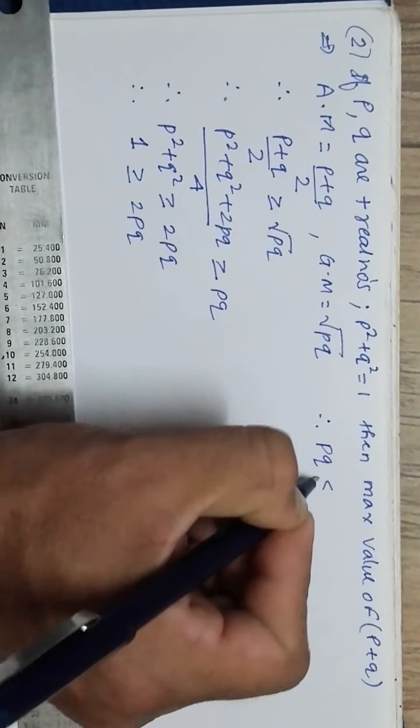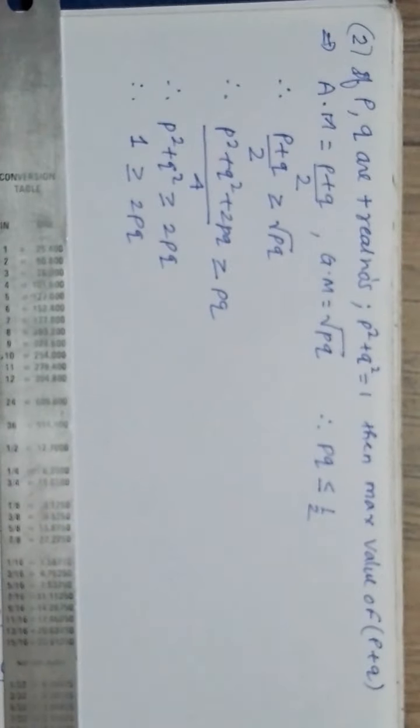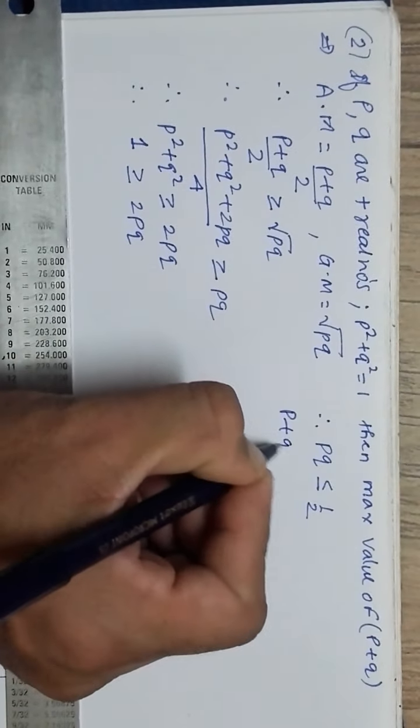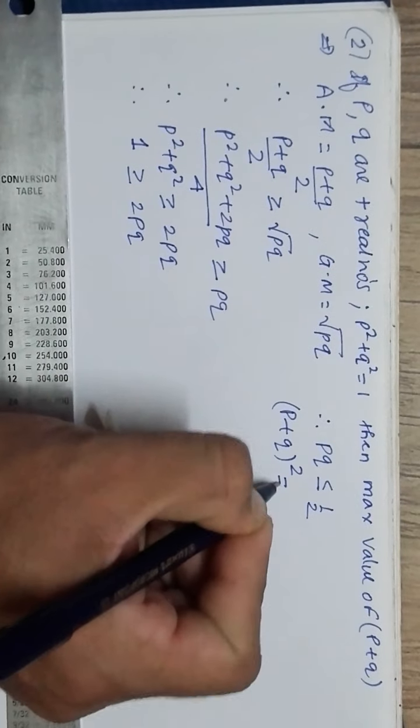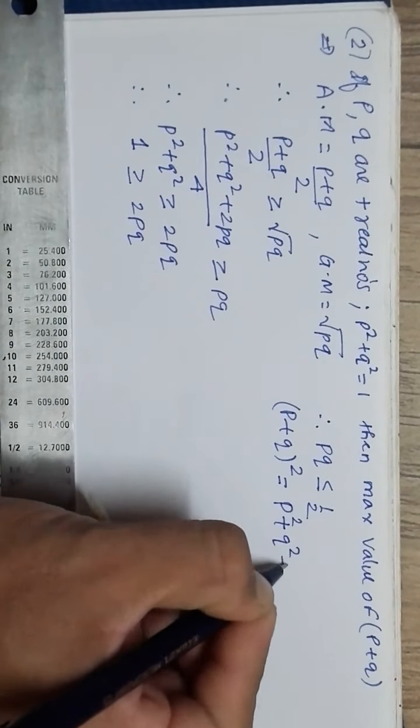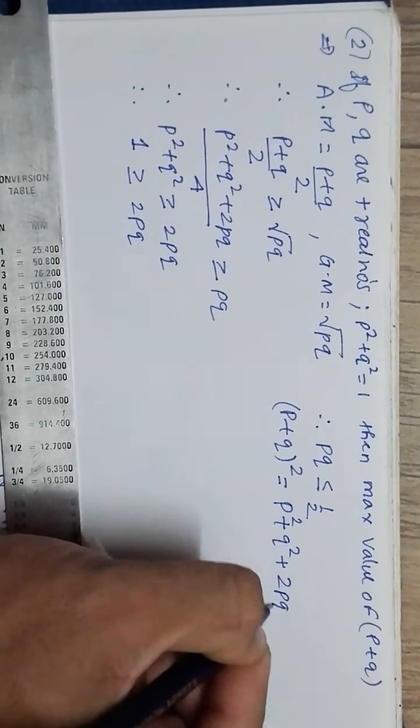So pq is less than or equal to half, either less or equal depending on what is p and q. If both are equal, then it will be equal, right? So this I got. So I need to get the maximum value of p plus q. So p plus q I want, which I square. So I get here p square plus q square plus 2pq. Agreed?